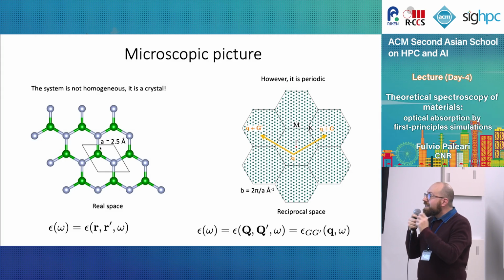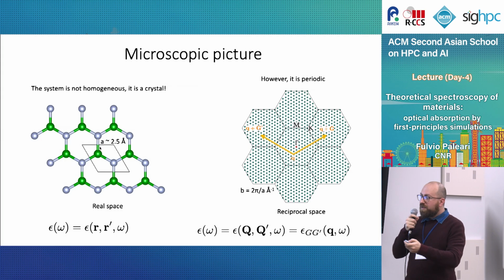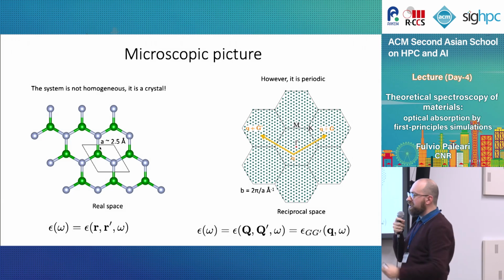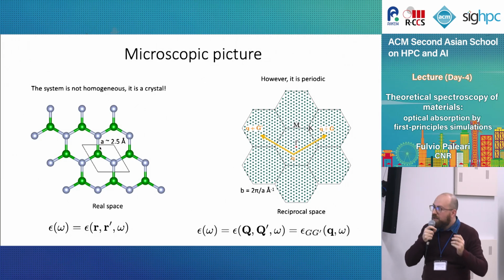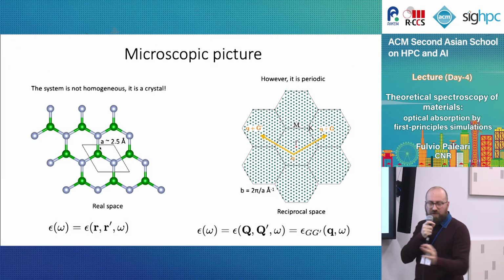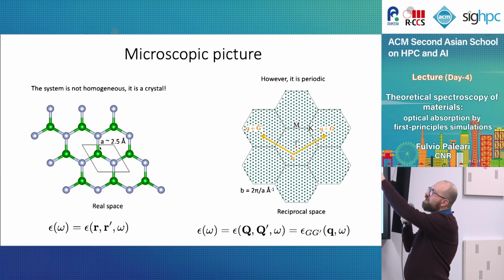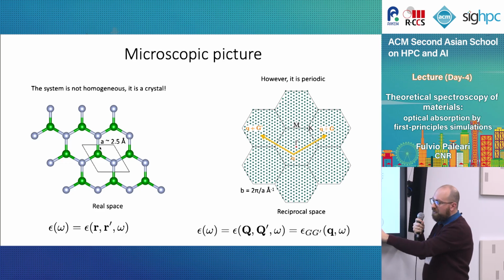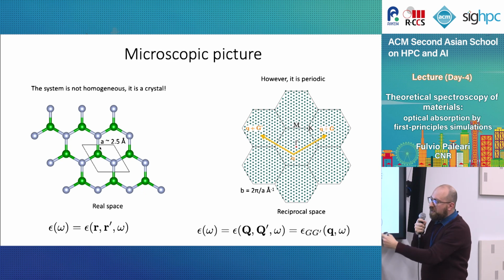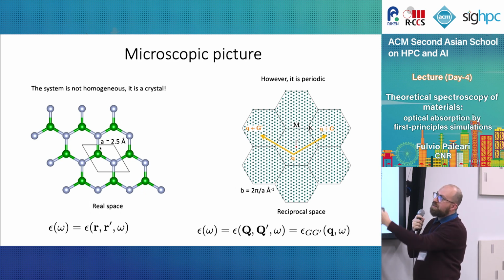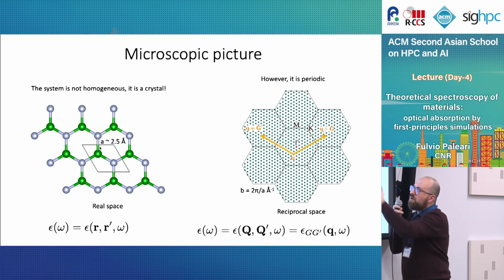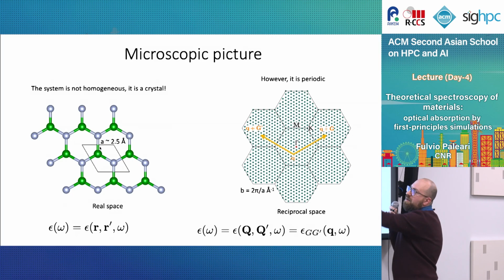So, since the system is periodic, even though in principle the dielectric function depends on two momenta, as it depends on two positions, in reality, we can make it in a tensor form in which for each couple of repeated unit cells, there will be a function that just depends on the momenta inside, let's say, a single unit cell, because this is repeated everywhere.